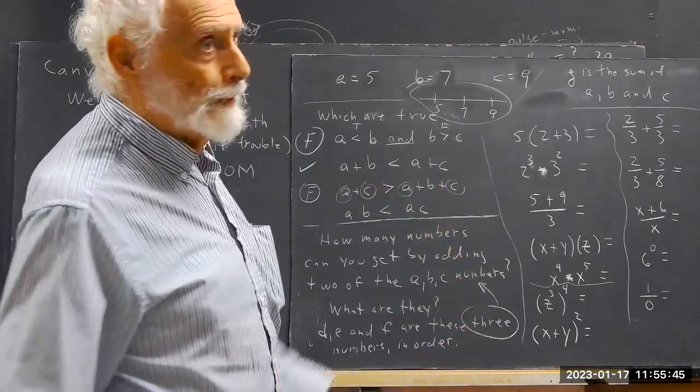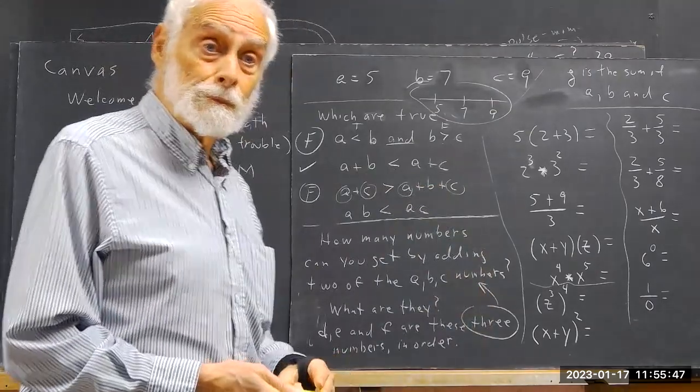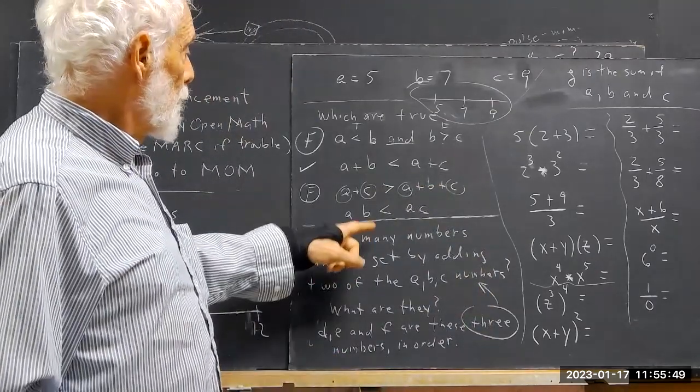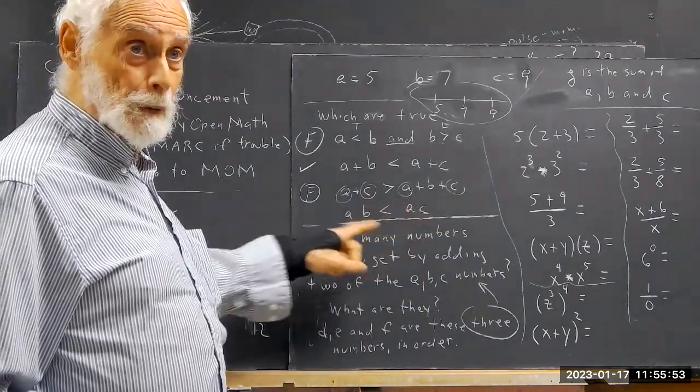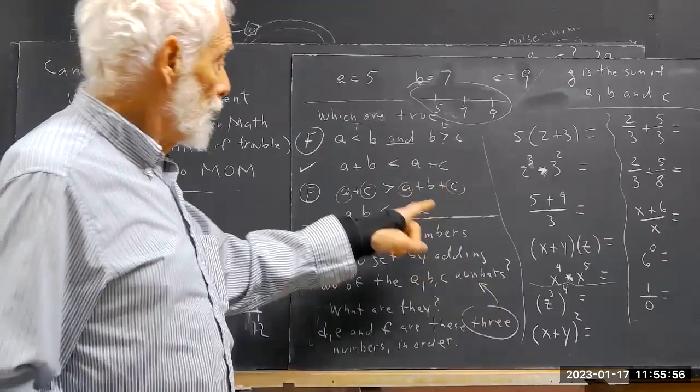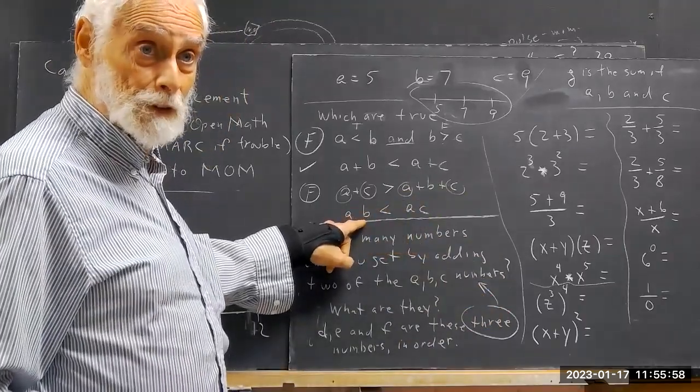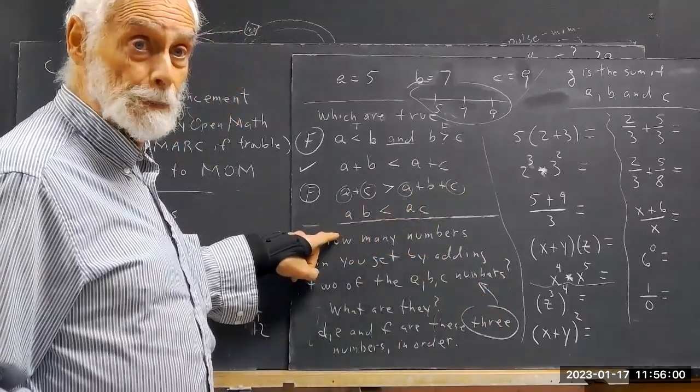And then AB less than AC, it's an important principle. I multiply A by B, or I multiply A by C. Multiplying A by two different numbers, and this number is bigger than this number, which makes this product bigger than this product.